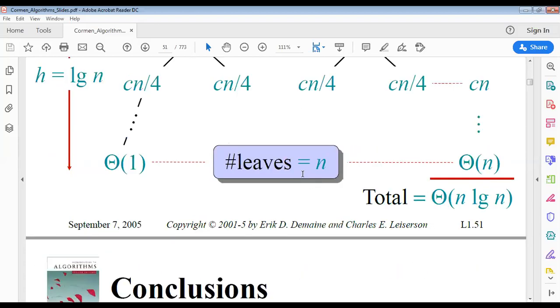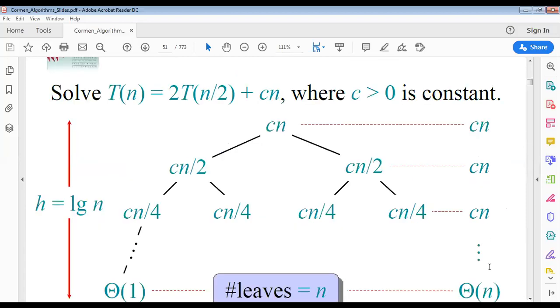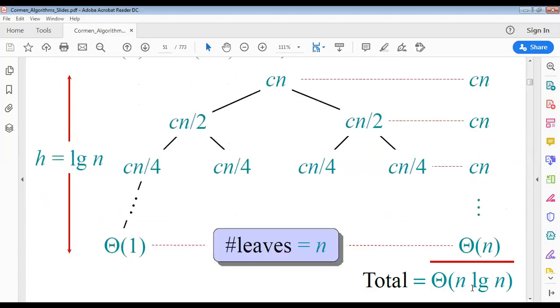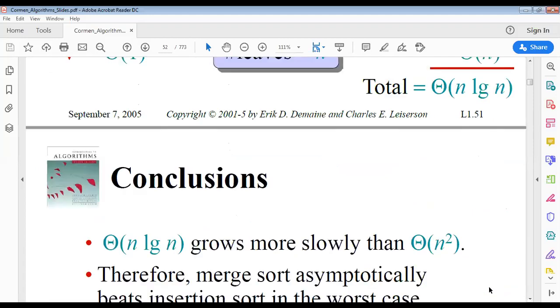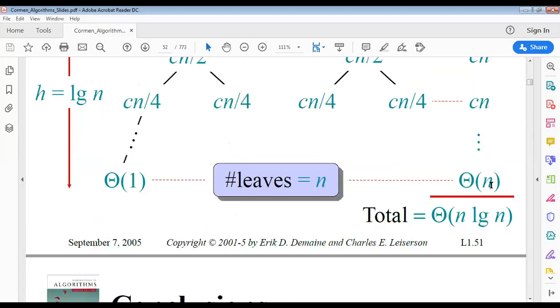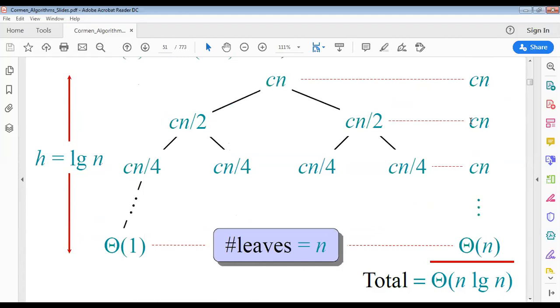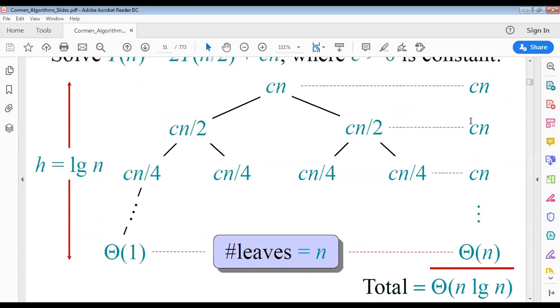If we sum all the cn, the result will be n log n. If you find it difficult to see, like 2 multiplied by 2, or 2 plus 2 plus 2, I will write it here.